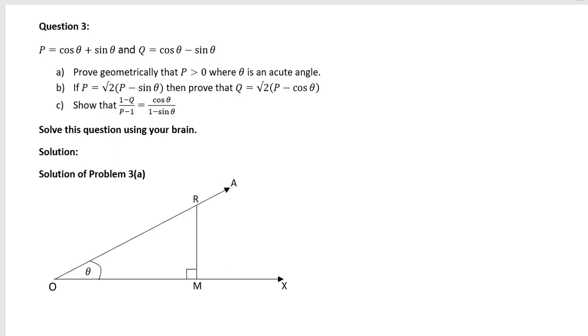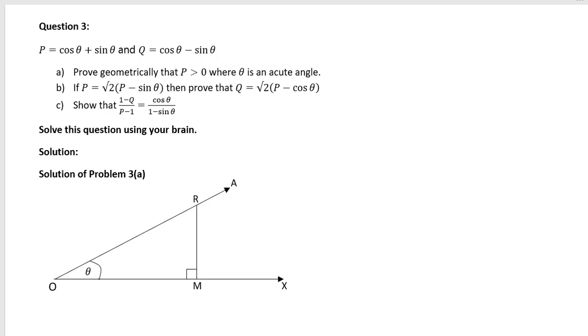You can see for problem number A, I have drawn a figure. OX is a ray and OA is another ray, and R is a point on OA. I have drawn a perpendicular from R to OX, and the perpendicular is RM, and we have considered angle ROM as the acute angle theta.